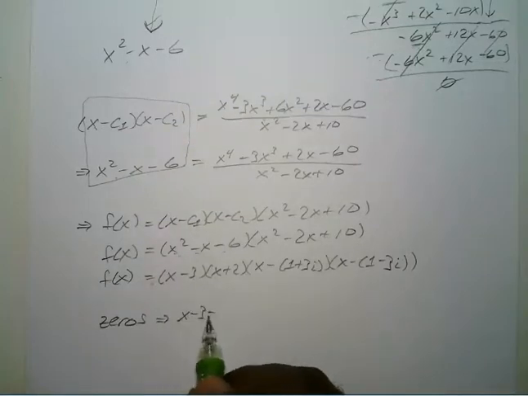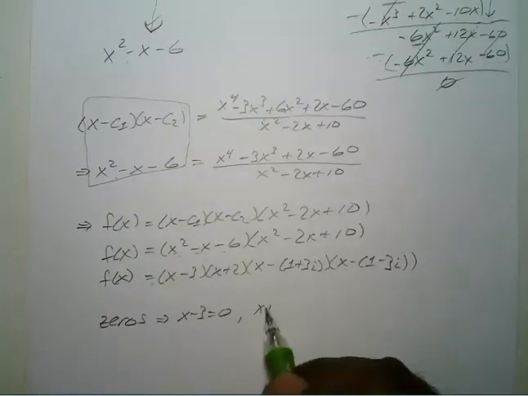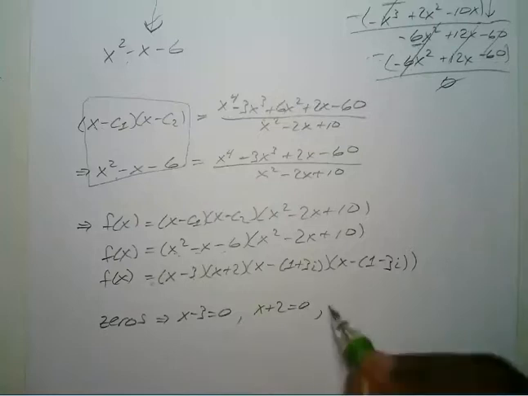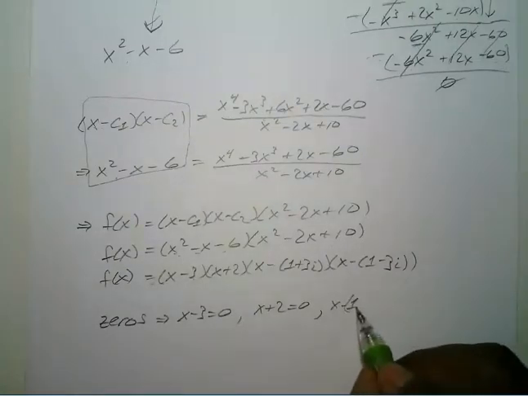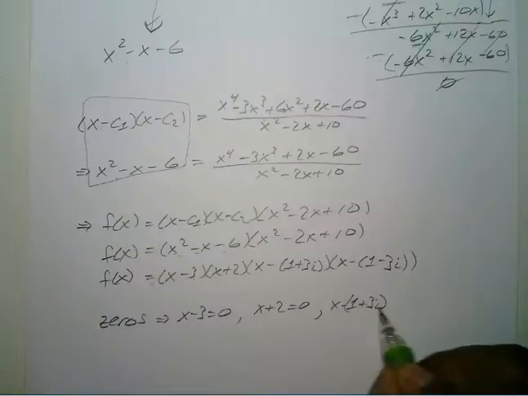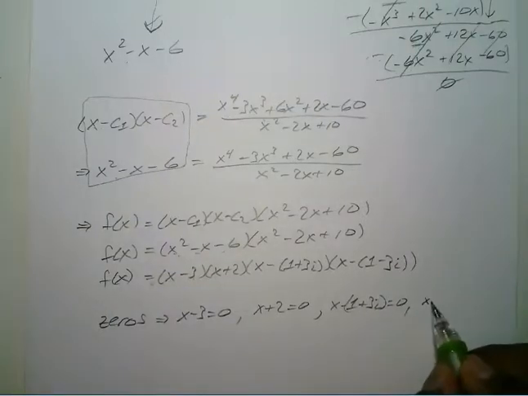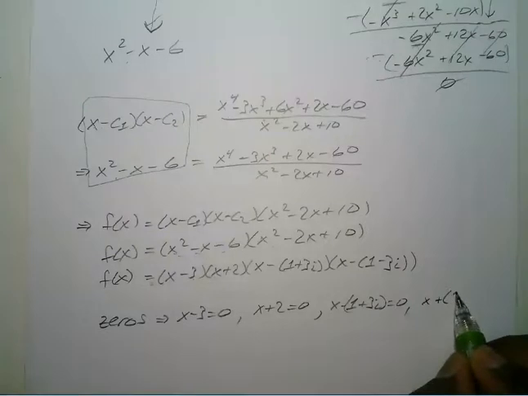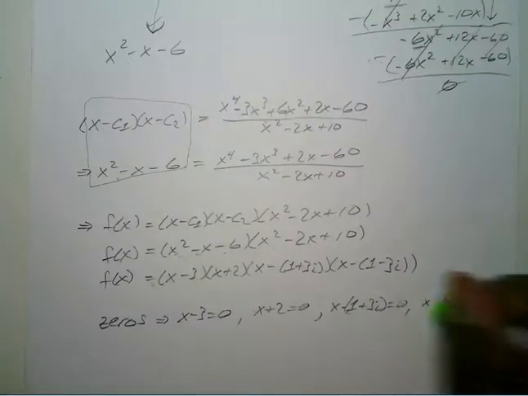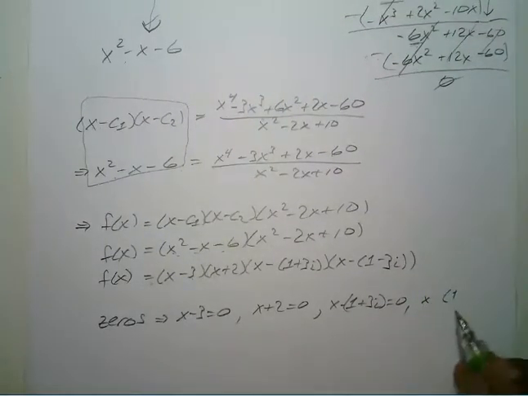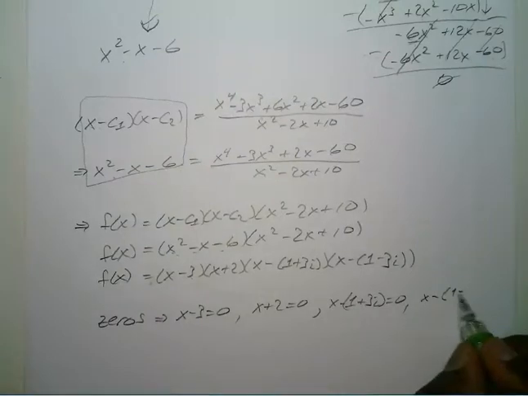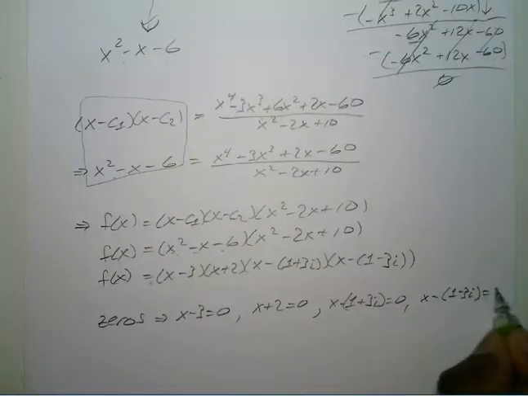All right, so your zeros are x minus 3 equals 0, x plus 2 equals 0, x minus 1 plus 3i equals 0, x minus 1 minus 3i equals 0.